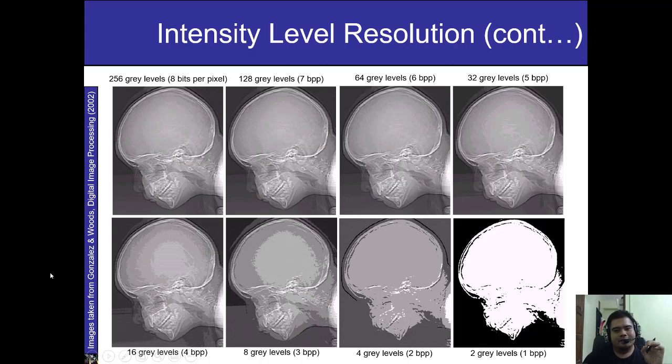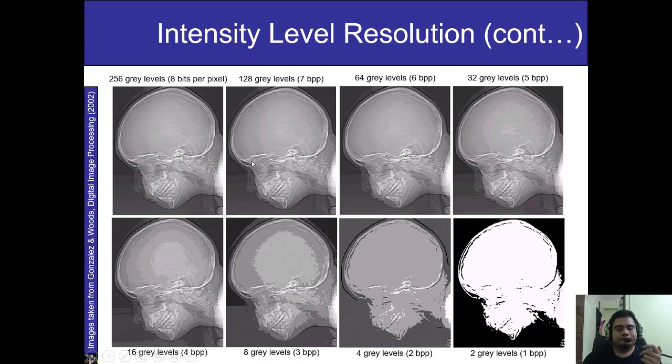If you keep reducing the intensity level resolution, it becomes more and more obvious. And lastly, this one, which is 1 bit, becomes a binary image. You only have two possible colors, black or white, so you don't have any choice whether to use black or white.